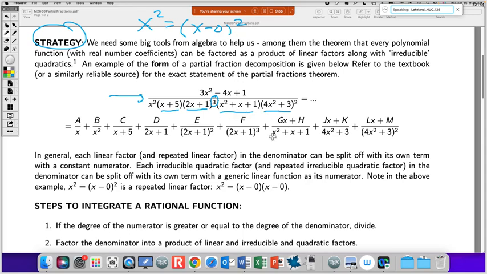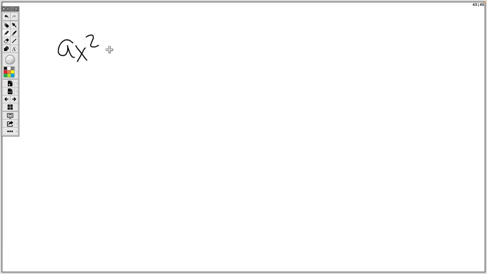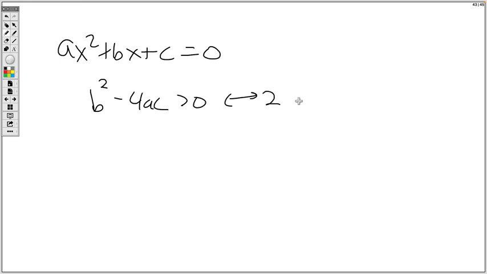These two quadratics are called irreducible quadratics because if you try to set them equal to 0, you're going to get non-real solutions. You remember the quick way to check that? There's that thing called the discriminant. If it's bigger than 0, you get 2 distinct real solutions.